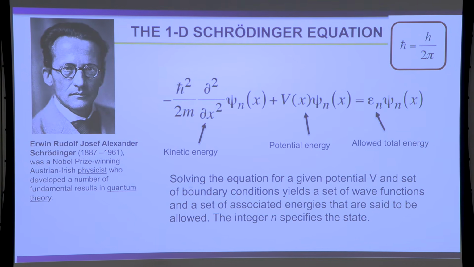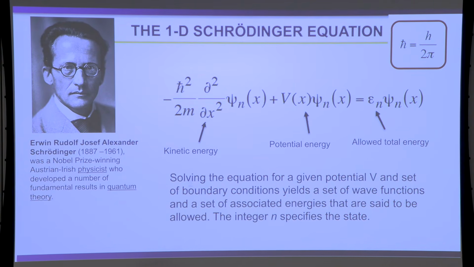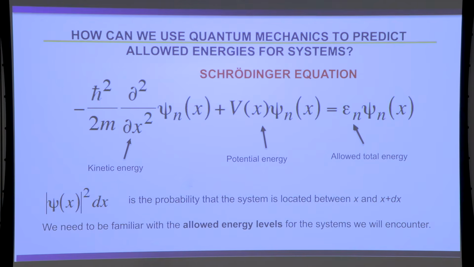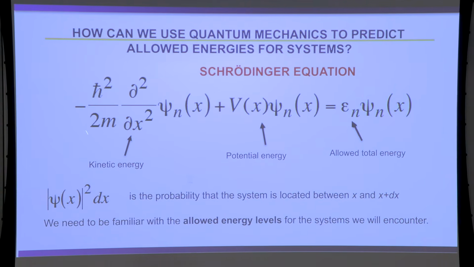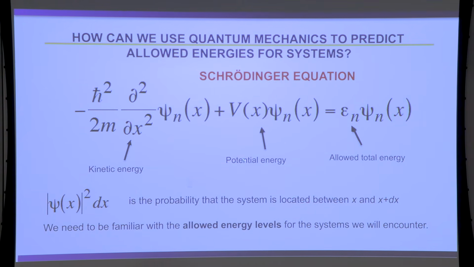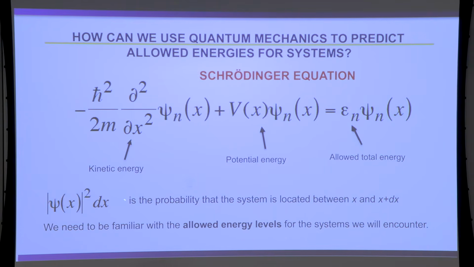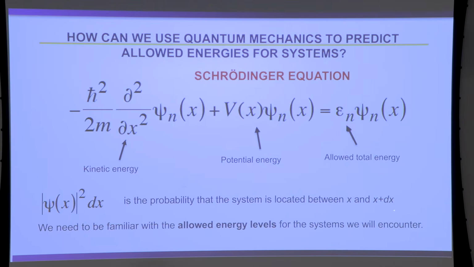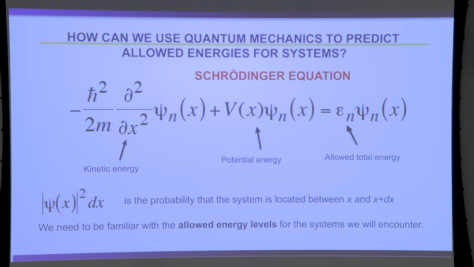I'm looking for ways to understand the energy of the structures here, with the N. Again, this is the kinetic energy, this is the potential energy, and this is the allowed state. The psi function of x, in the 1D case that I show you where x is a distance, gives the probability that the system is located between x and x plus dx.